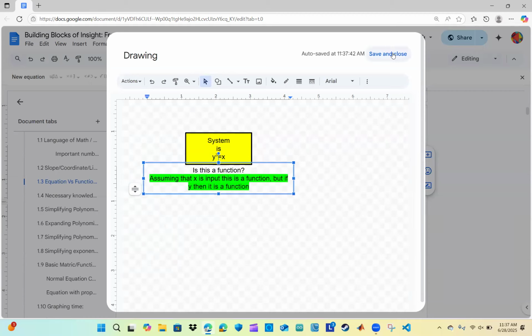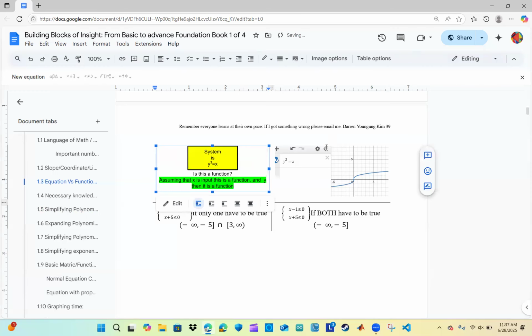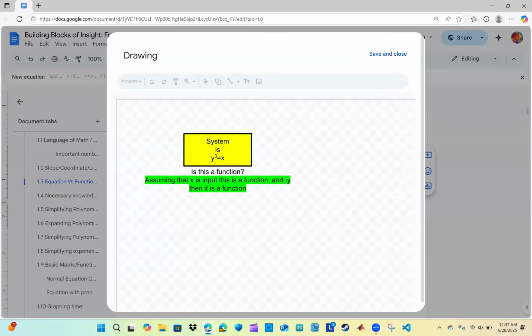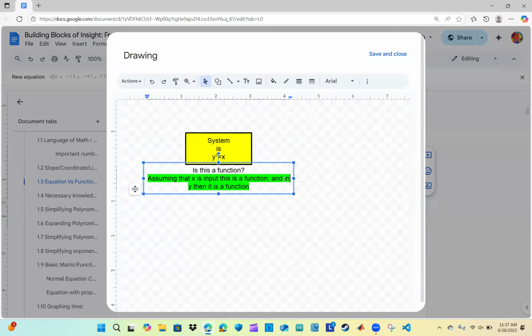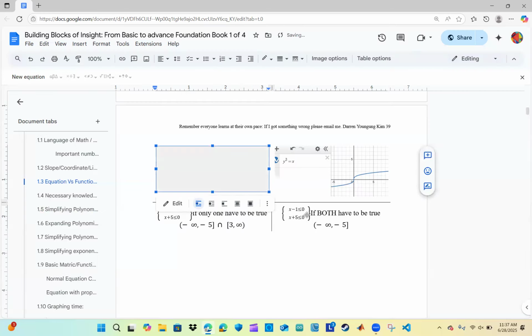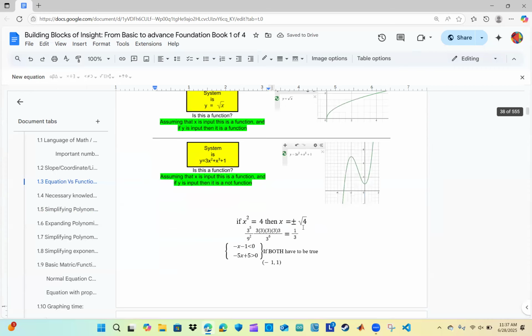It is a function, and it should say and.